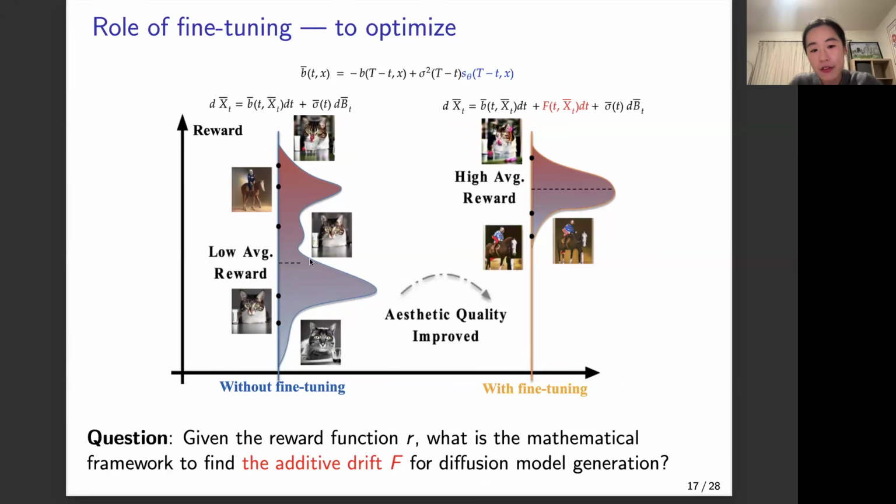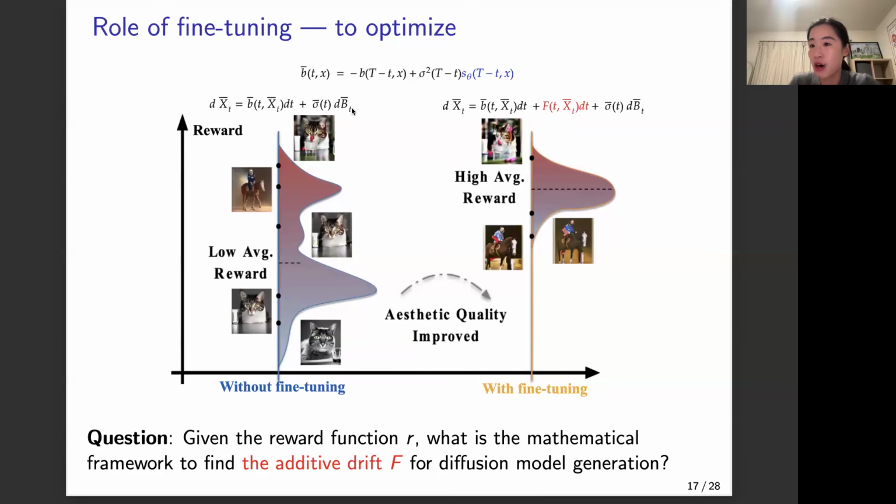Then we do have a non-negligible mass that corresponds to the low average reward regime, as the reward is specified by someone. So the first thing we want to do is shift the distribution so that we have more mass concentrated in the high reward area.